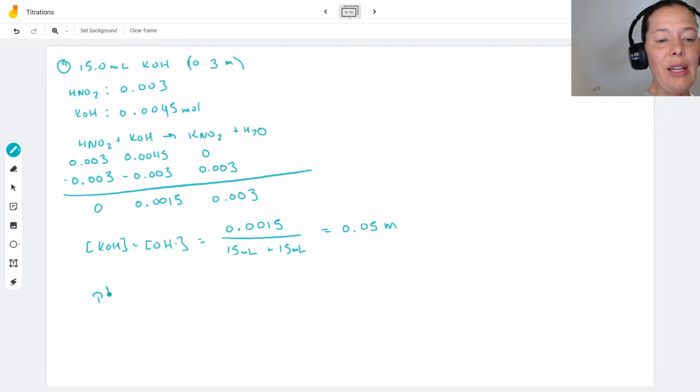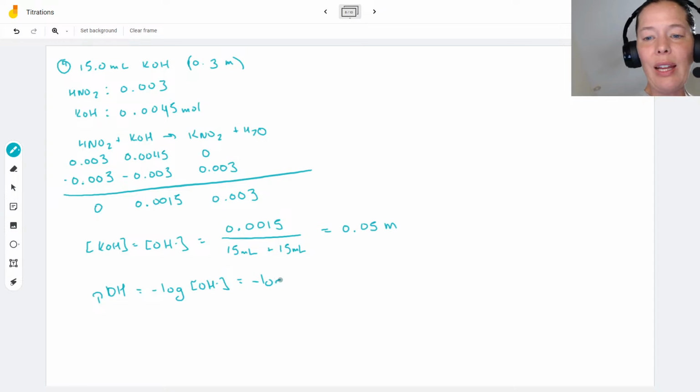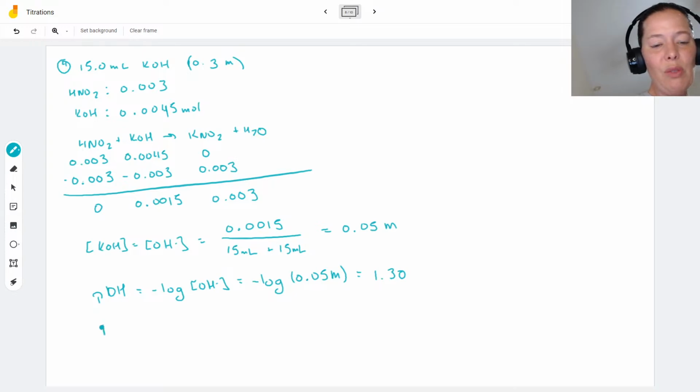So we're going to calculate pOH. See, I almost wrote pH there because you get used to writing pH, but this is a pOH, which is the negative log of our hydroxide, which is going to be the negative log of 0.05 molar, which gives us a pOH of 1.3, which means our pH is 14 minus 1.3, which gives us a pH of 12.7.